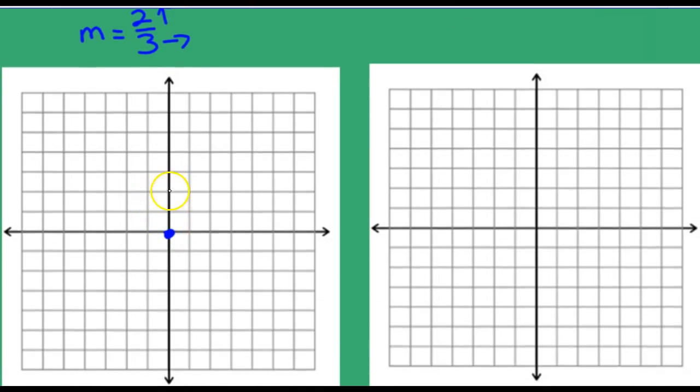So we're going to go up 2 over 1, 2, 3. The opposite of that is down 2 over 1, 2, 3. So our line is going to go through our origin, and we have a line of direct variation.